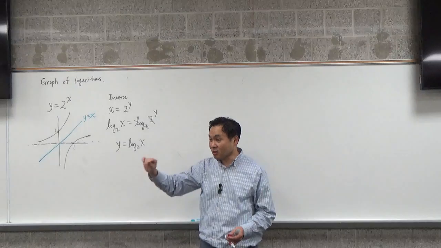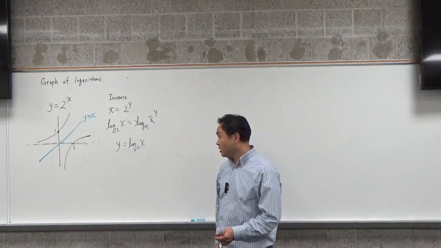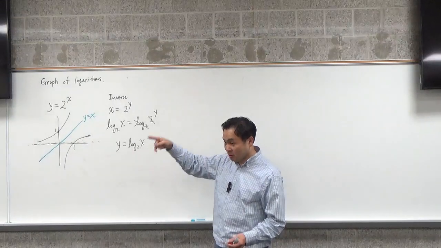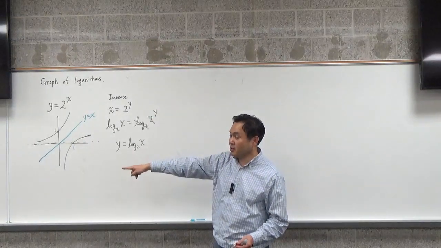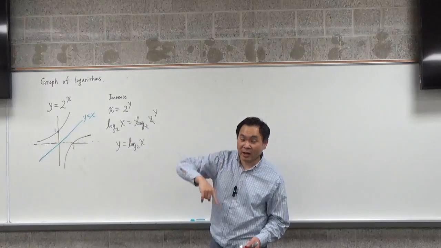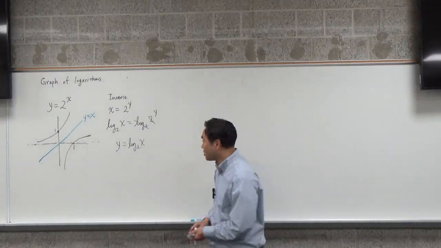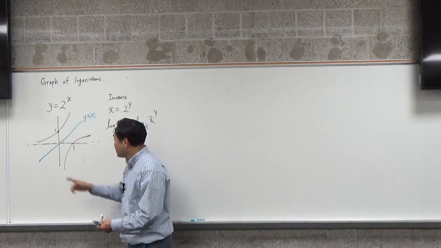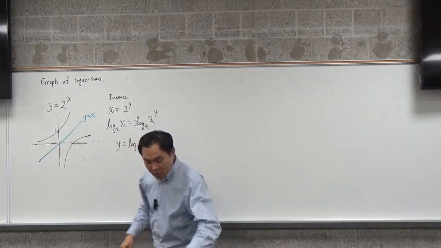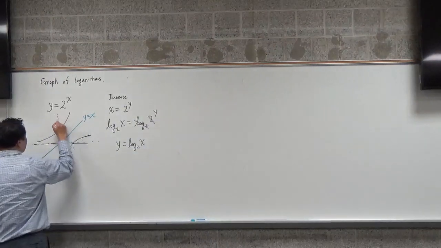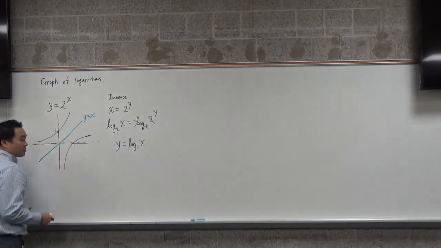It doesn't touch it; it gets very close, right? Therefore, if you rotate a horizontal line around a diagonal line, the horizontal line becomes a vertical line. So this horizontal asymptote will become a vertical asymptote for this graph.